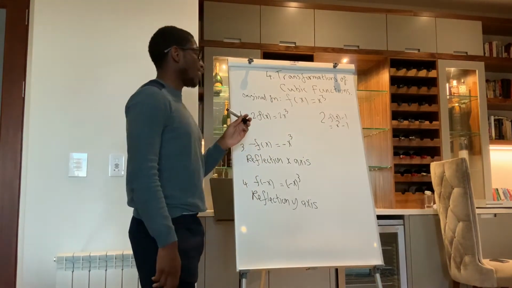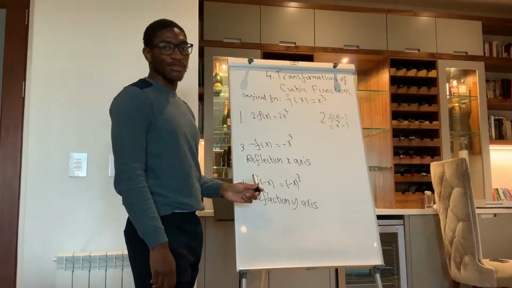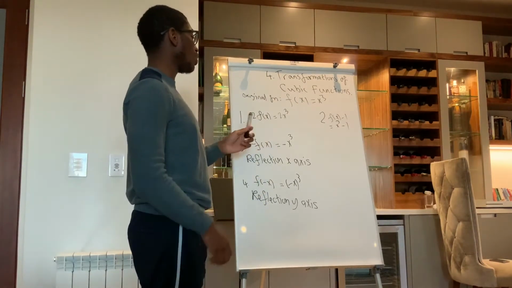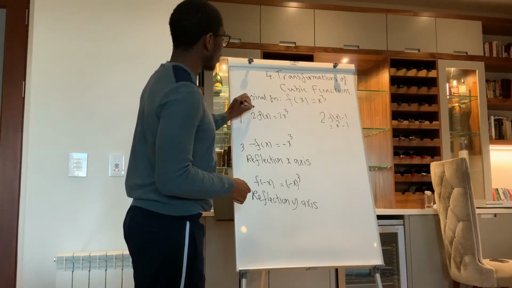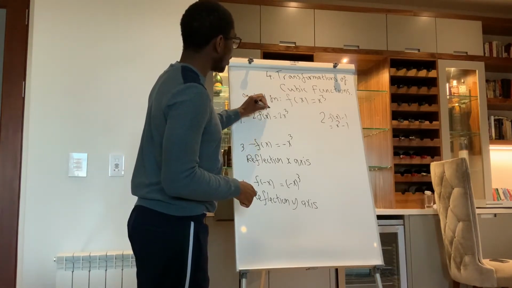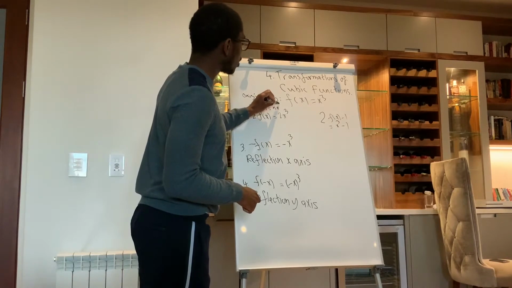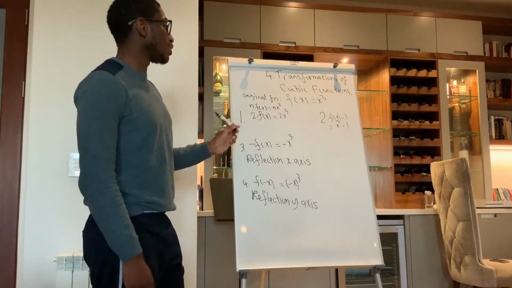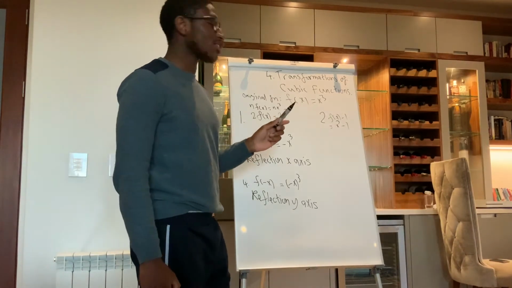And then we're going to look at four transformations. The first one will be 2f of x, or really n f of x, in the form n x cubed. That's just multiplying the function by a number or a scalar, so you could think about it as scaling the function.